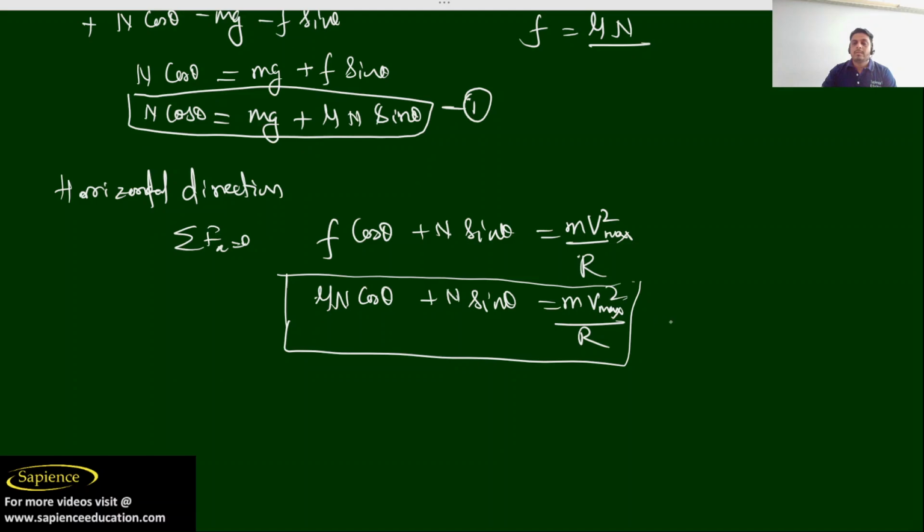Now this is equation 2, and can we write this equation 1 as mg equal to N cos theta minus mu N sin theta.